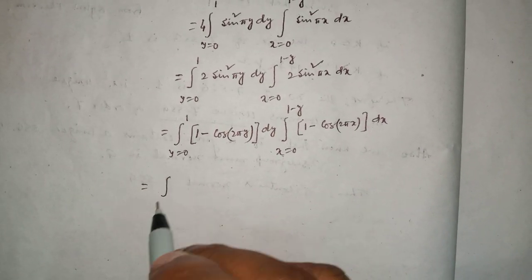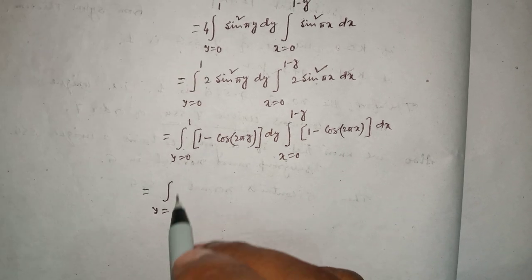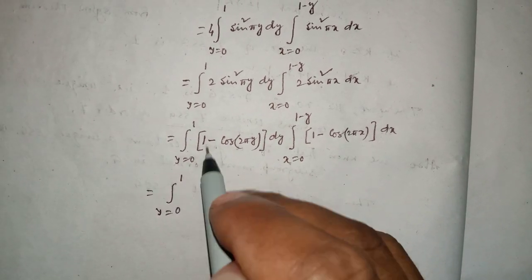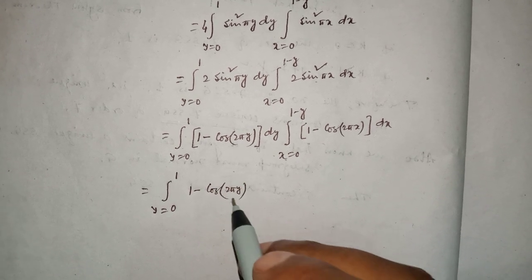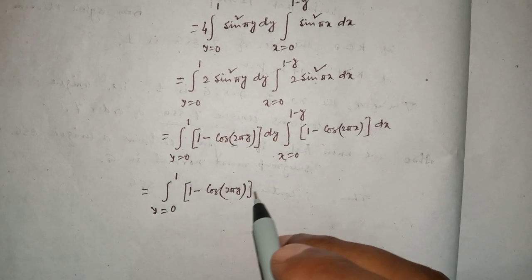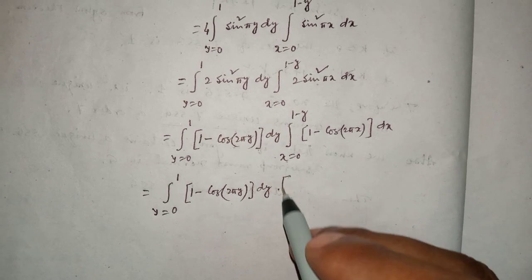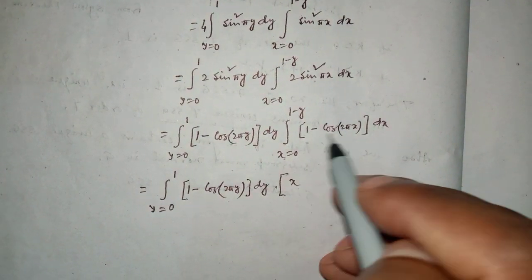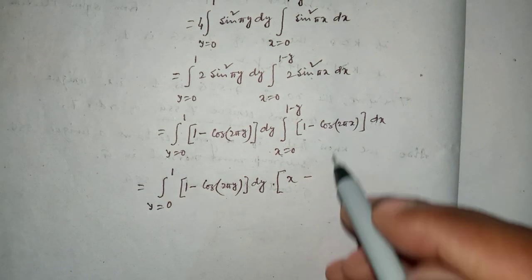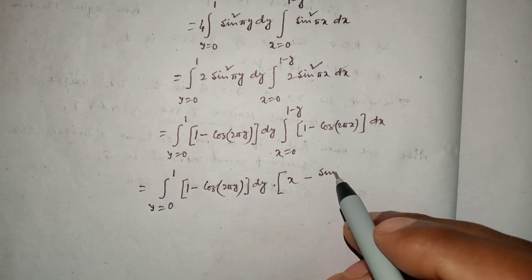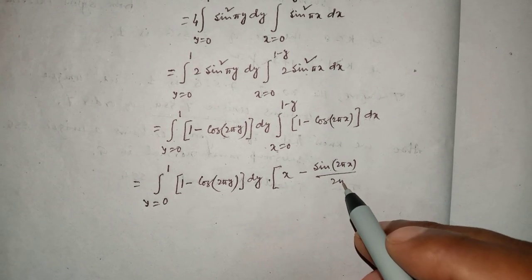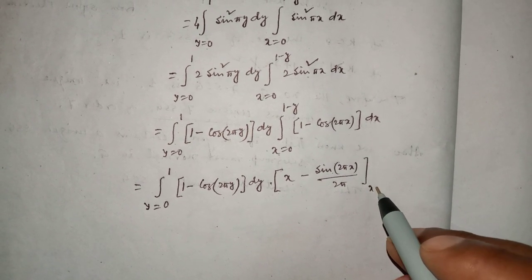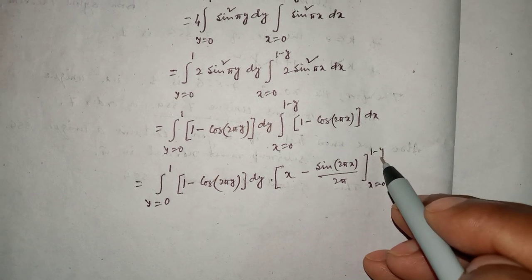This equals integration y from 0 to 1 of (1 minus cos 2πy) dy into the integration of this function, which is x minus sin 2πx by 2π, x from 0 to 1 minus y.